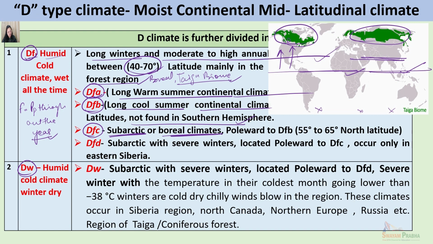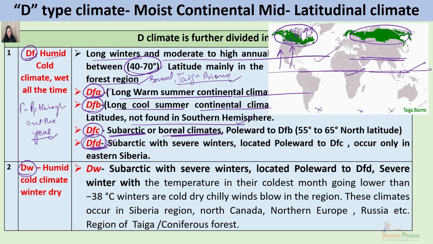So towards the equatorward you will have DFA, then it will transition to DFB, and then gradually transition to DFC, and finally towards the polar ends the DF type of climate will transition into DFD with increasing severity of cold. So DFA will have less cold as compared to DFB, and as you move from DFA to DFD, the severity of cold conditions will increase.